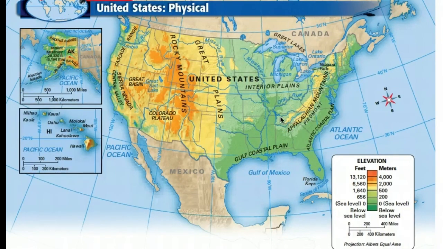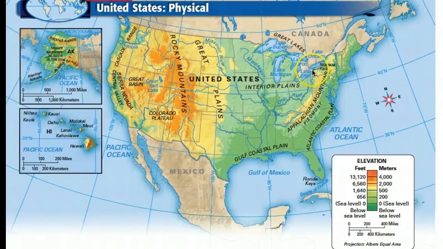Moving into the interior plains. This area is west of the Appalachian Mountains. It is vast and full of hills, lakes, and rivers. The major waterways in this region are the Great Lakes, the largest group of freshwater lakes in the world. They are important trade routes between the United States and Canada.